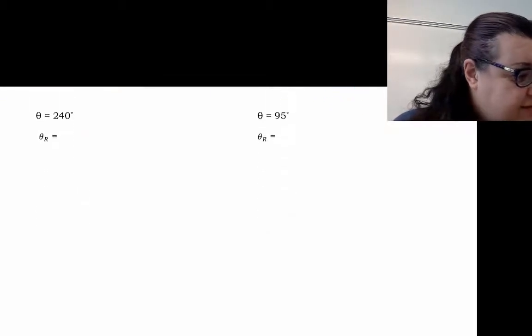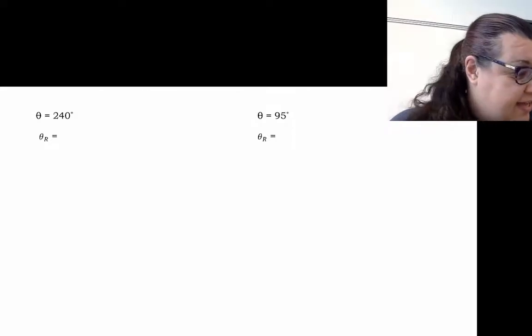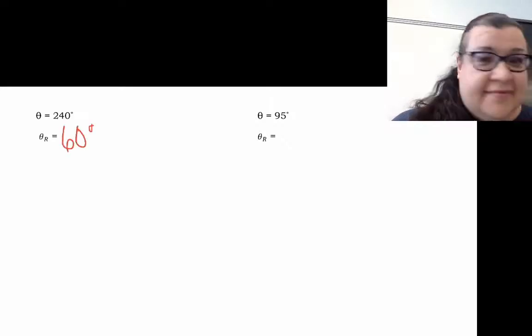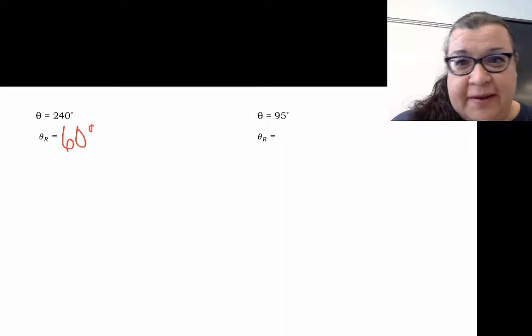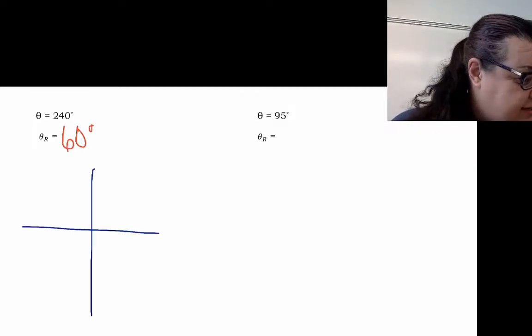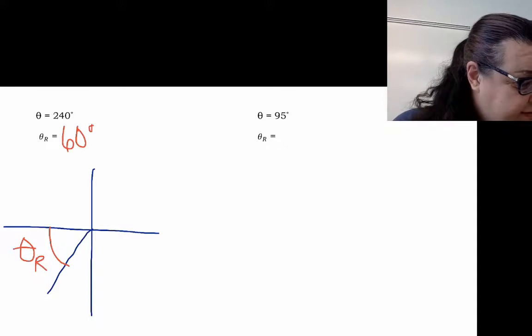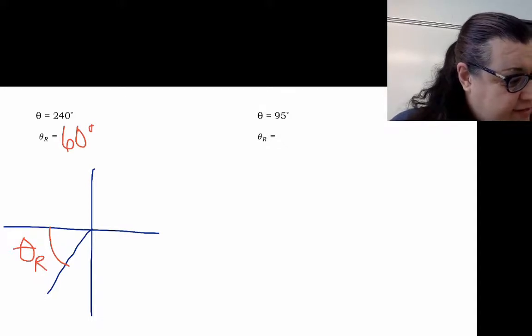All right, what about if it's 240? Well, if it's 240, your reference angle would be 60 degrees. 240 minus 180. Because you should have this angle in quadrant 3, somewhere about there, and your reference angle is here. So that's your 60 degrees. And if you were at 95, your reference angle then would be 85.